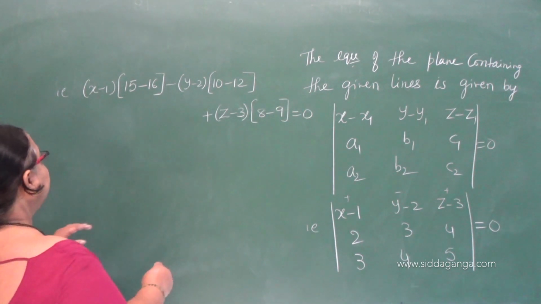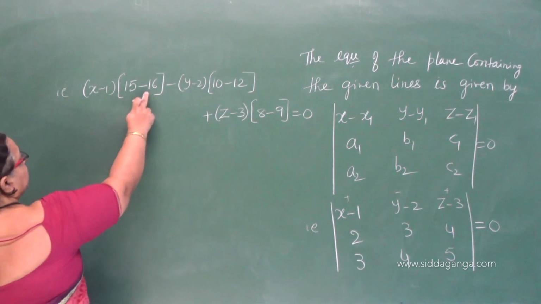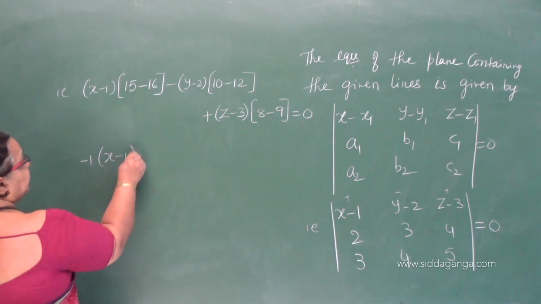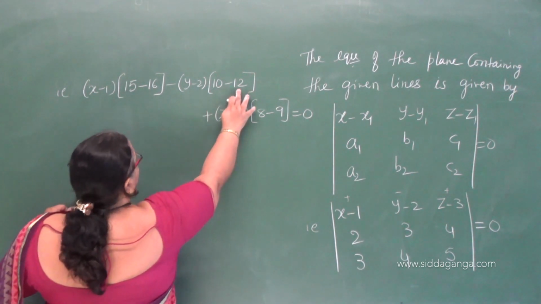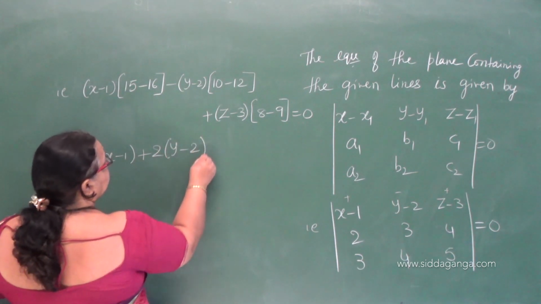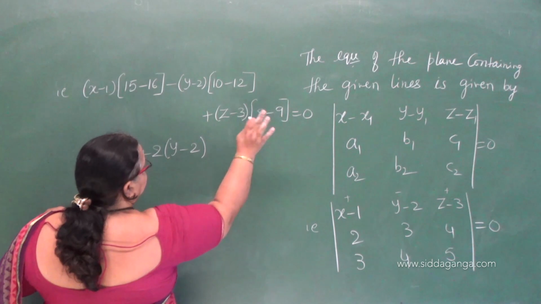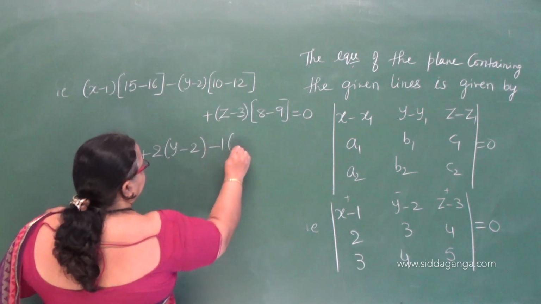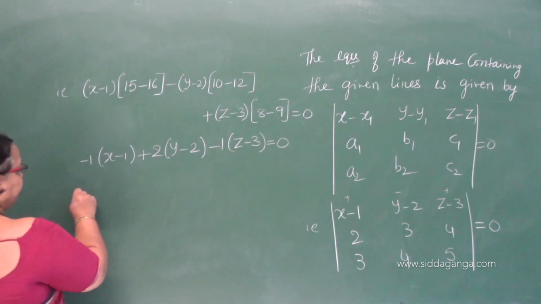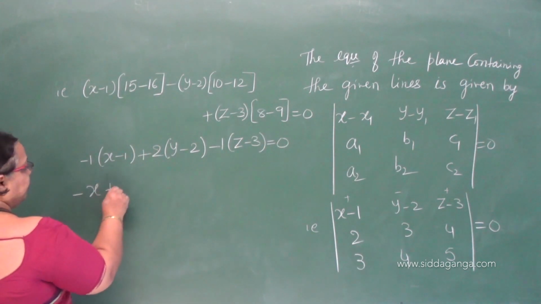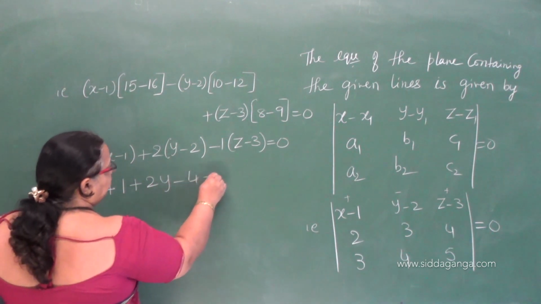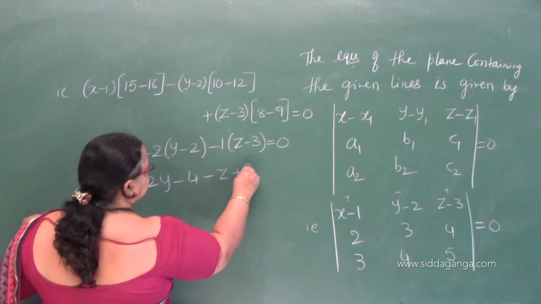That is minus 1 into x minus 1, plus 2 into y minus 2, minus 1 into z minus 3 equal to 0. That is minus x plus 1 plus 2y minus 4 minus z plus 3 equal to 0.